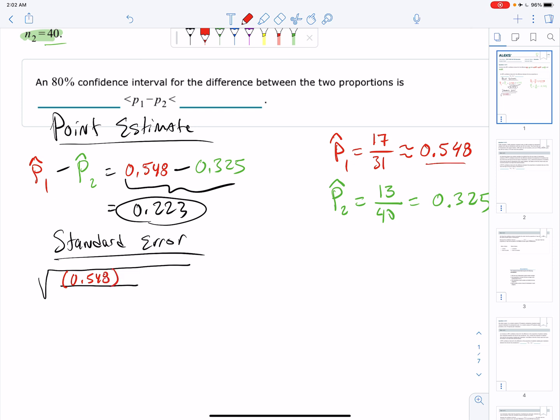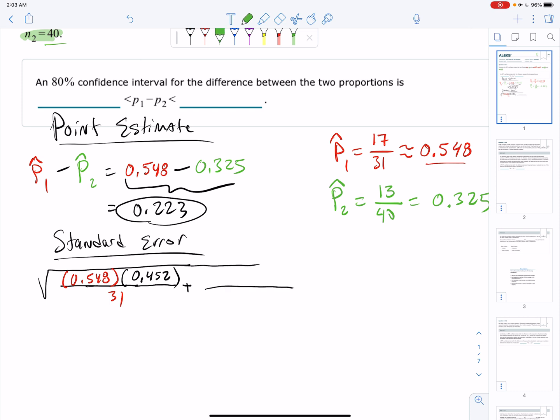Now that needs to be multiplied by its complement, which is 1 minus 0.548. So if I say 1 minus that, I get 0.452. And that needs to be divided by the sample size of that first sample, which is 31. And then I go ahead and add that.